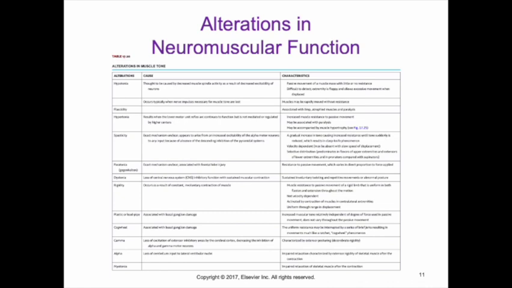We will highlight the most common ones, first starting with hypotonia. And this is when we have a decreased muscle tone. With decreased muscle tone, you'll have passive movement of the muscles that occurs with little or even no resistance at all.